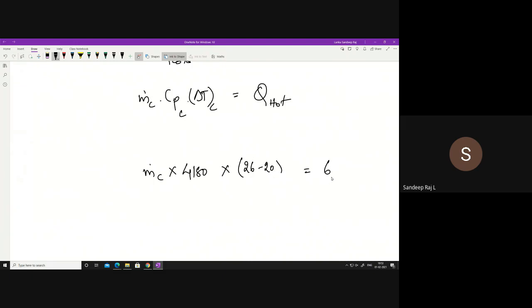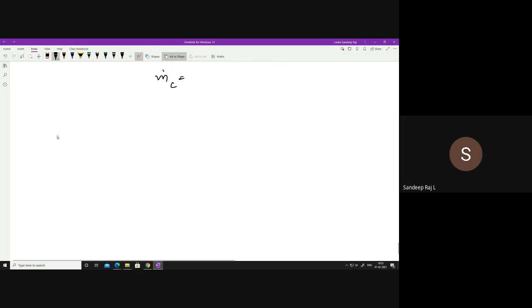The hot fluid, it is 60 to 30. So m_c is equal to something, you can calculate for yourself.